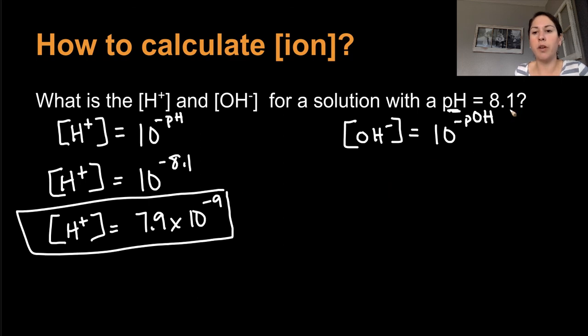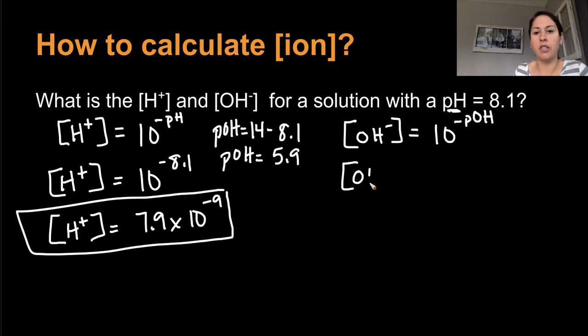Now to do this one, what I first need to do is find my pOH. So I know that my pOH is equal to 14 minus my pH, which was 8.1. And that means my pOH is equal to 5.9. Okay, so I'm going to plug that in over here.